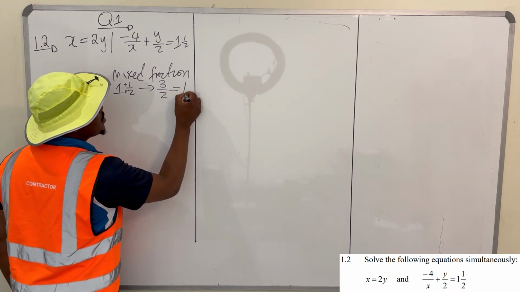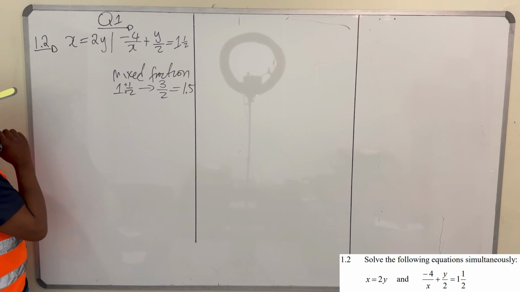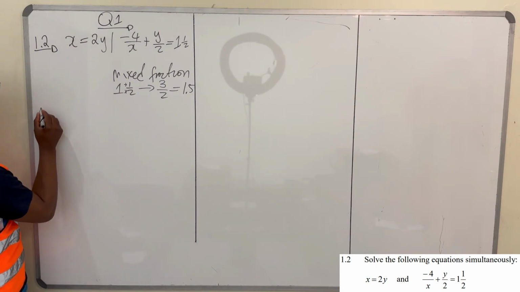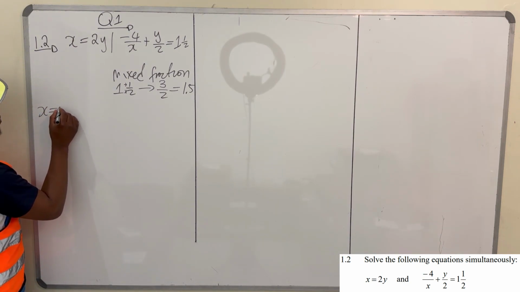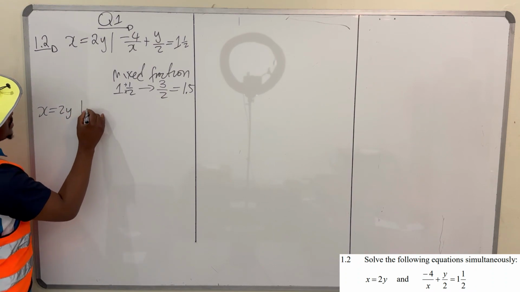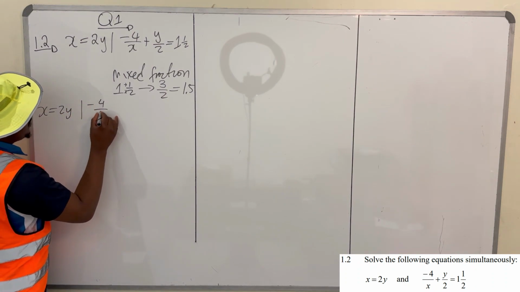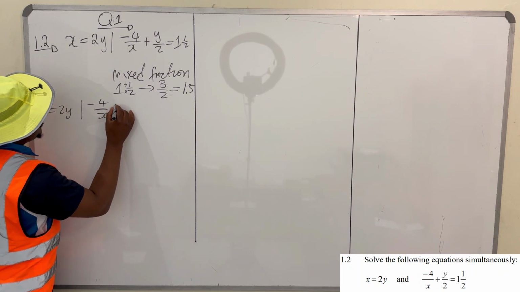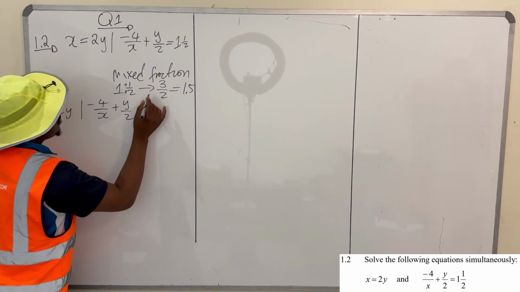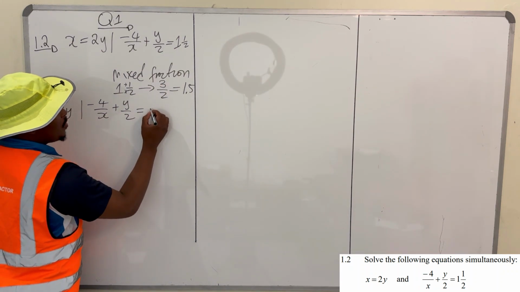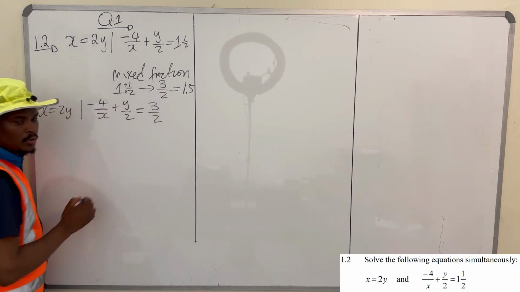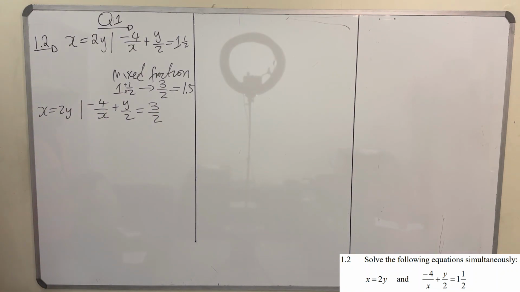And 3 over 2 is 1.5. So in simple terms, what you have is x is equal to 2y and minus 4 over x plus y over 2 is equal to 1.5, which is 3 over 2. This is what you have.